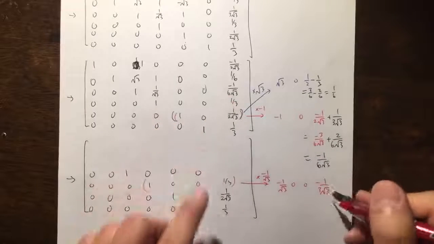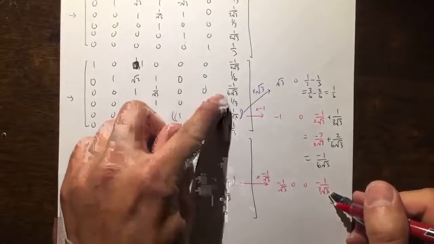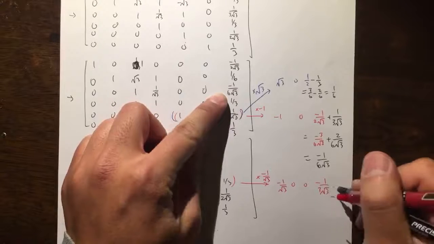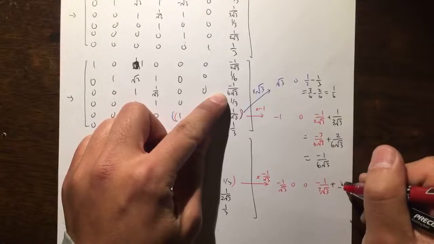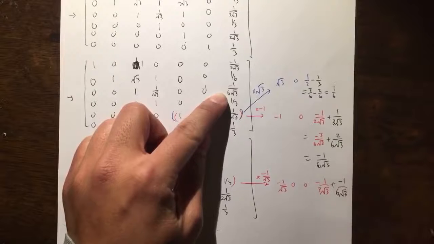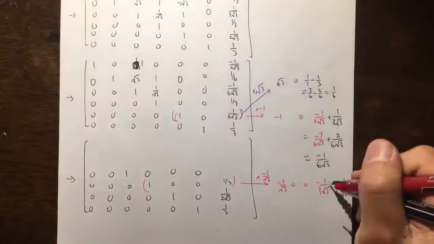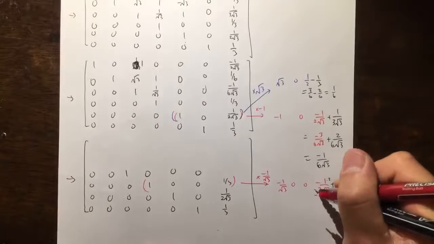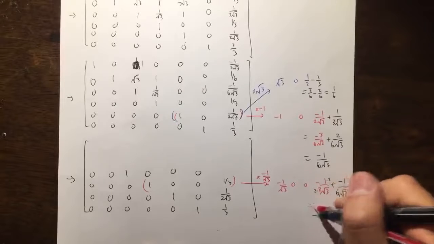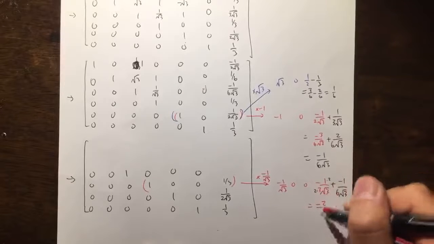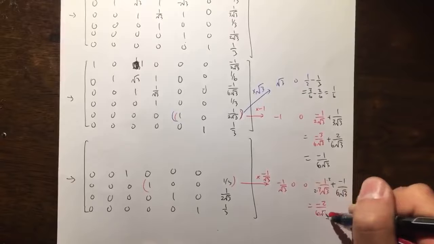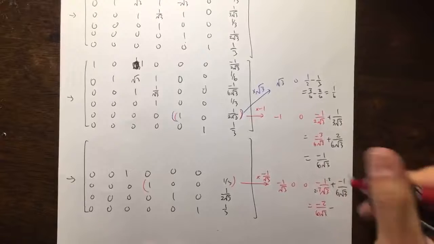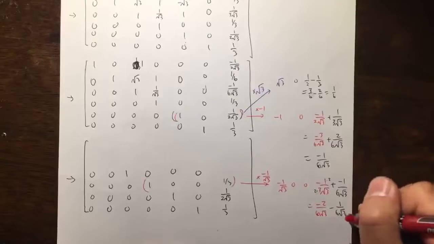And now this, I need to add it with that, right? So I will just do this plus negative 1 over 6 square root of 3. And you can get the common denominator. I will multiply this by 2 and then multiply this 2 right here. So this is going to be negative 2 over 6 square root of 3. And then this is minus 1 over 6 square root of 3.